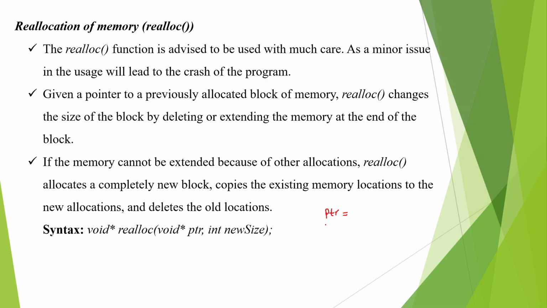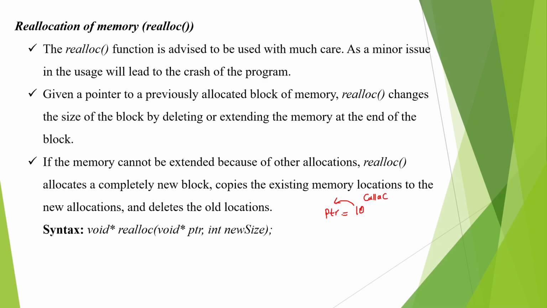Suppose you have allocated 10 contiguous blocks using calloc. You have allocated 10 contiguous blocks of memory to this pointer. We know how the function syntax goes while allocating these 10 blocks to this PTR.